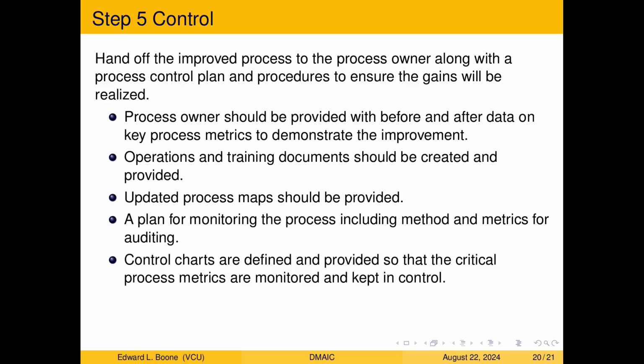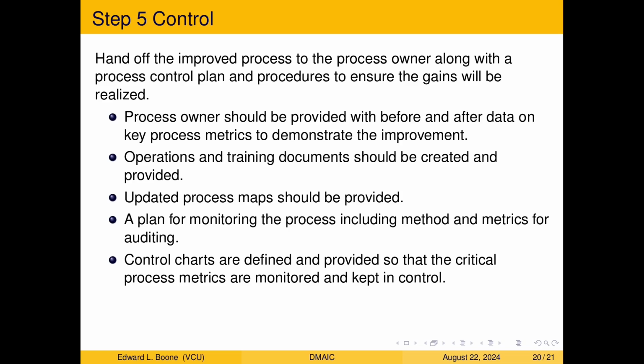You should be able to provide them with operating and training documents so that when new people come in, you can train them on it. Updated process maps should be provided if you made serious changes. Before you start production, you should also have a plan for monitoring the process, including methods and metrics for auditing.